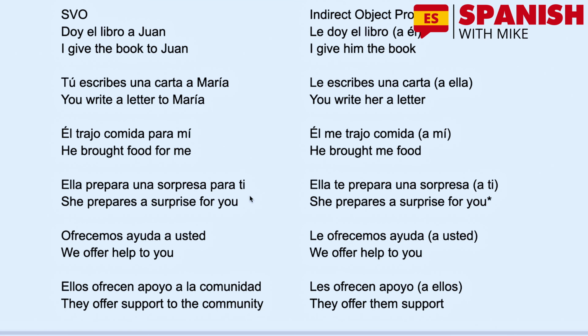So this is very important to fully understand in order to improve your skills in Spanish. So let's go in a nutshell, right? Direct object pronouns replace the noun that directly receives the action of the verb, such as lo for it or him, right? Lo vi, a él, or a ello.